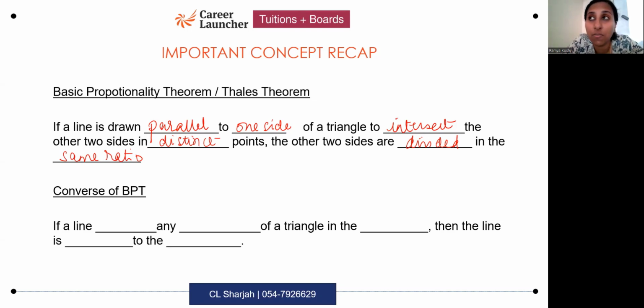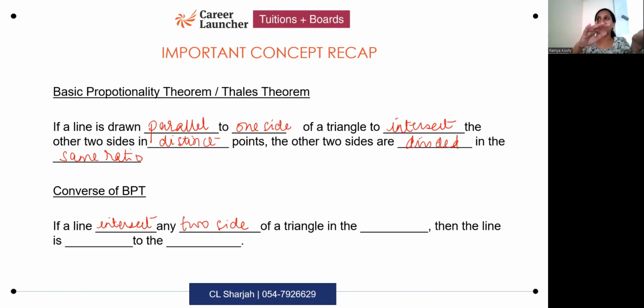What is the converse of BPT? If a line intersects any two sides in distinct points. What is the given condition for converse? For converse, what is the given condition? In the same ratio.